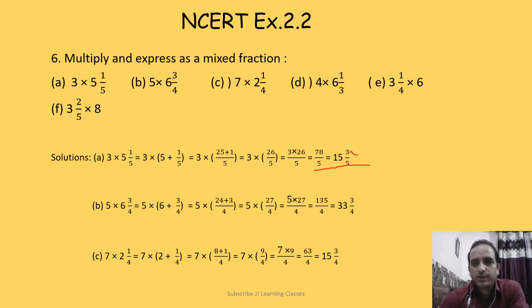So this is your answer, 15 3/5 as the result in mixed fraction. Similarly, the B and C parts are to be done. You need to multiply, then separate the mixed fraction as a whole plus a proper fraction, then add them to get the improper fraction, and then multiply it.